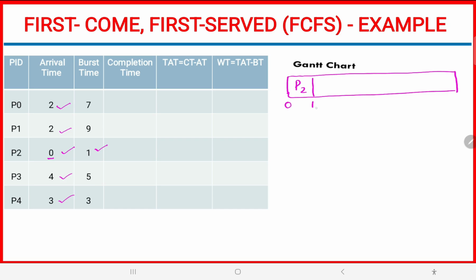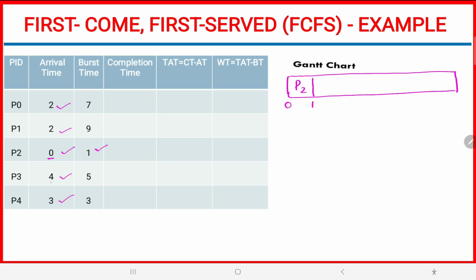At 1 millisecond, there was no other process available in the ready queue. In fact, the next processes came at time t equal to 2. That is, P0 also came at time t equal to 2, and P1 also came at time t equal to 2.